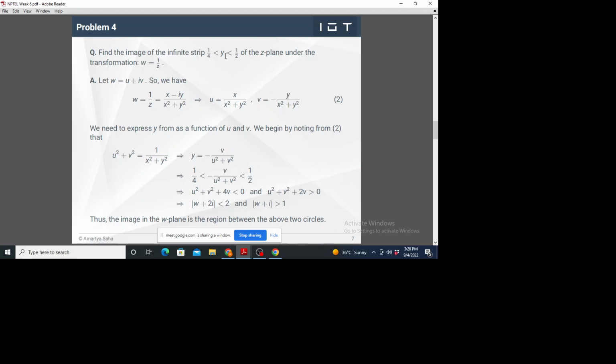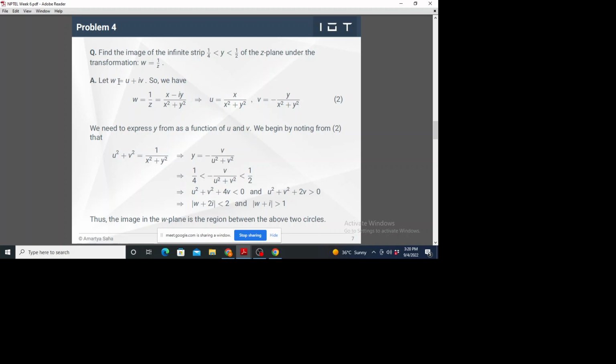We have to find the image of this infinite rectangle in the z plane under the transformation w equal to 1 by z. So what will be the image of this strip in the w plane? The most straightforward algorithm is to consider an explicit form for w.